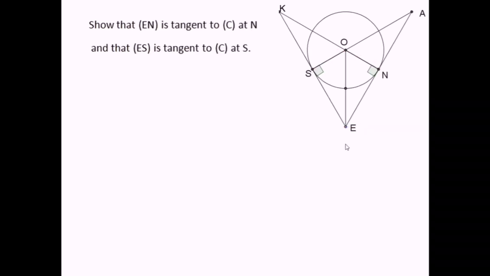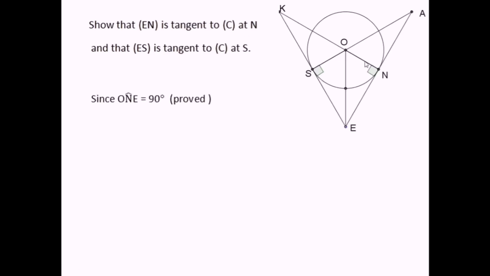Now, in order to prove that EN is a tangent to C at N and ES is tangent to C at S, we ask ourselves how to prove tangent. In fact, there should be a 90 with the radius. Do we have a 90 with the radius? In fact, yes.